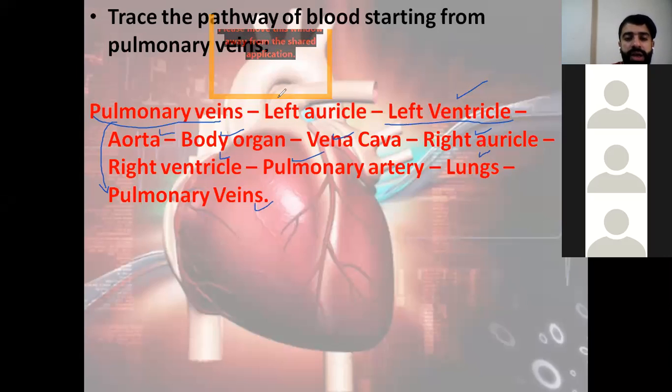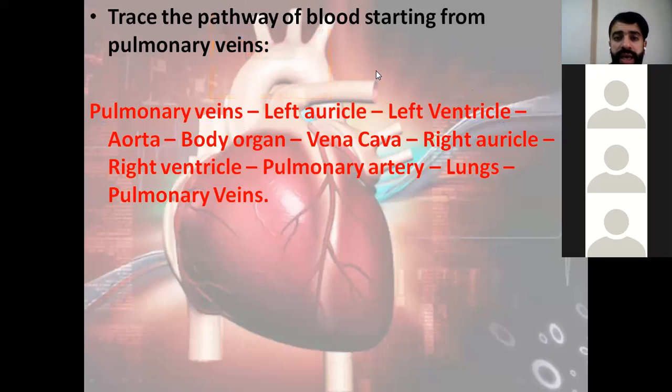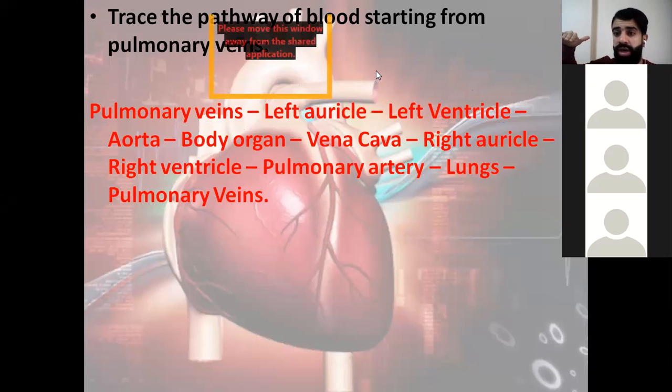Then I go back to the left auricle and the left ventricle. Okay? So you have to pay attention to these notes, and you have to know the pathway of the blood starting from where. These are very important in order. So you can start wherever I ask for it.